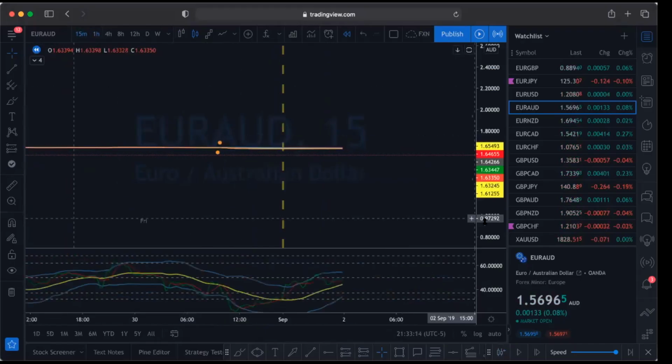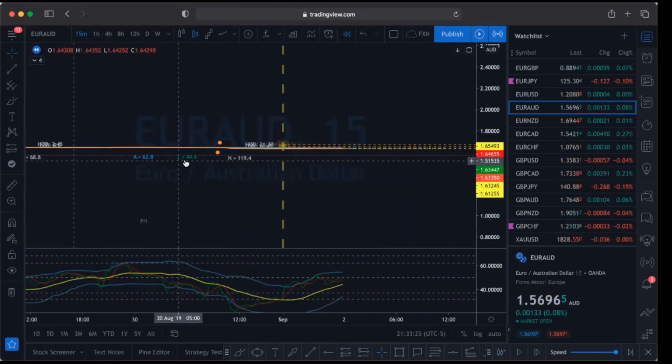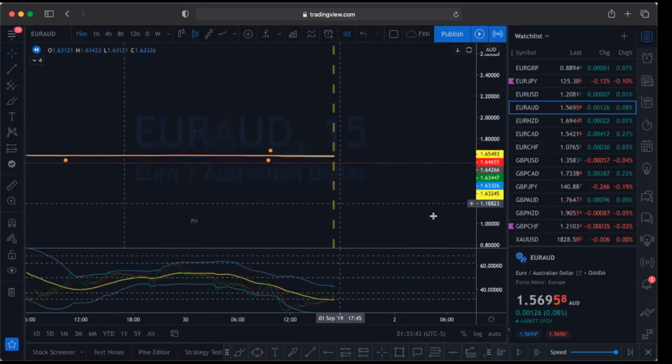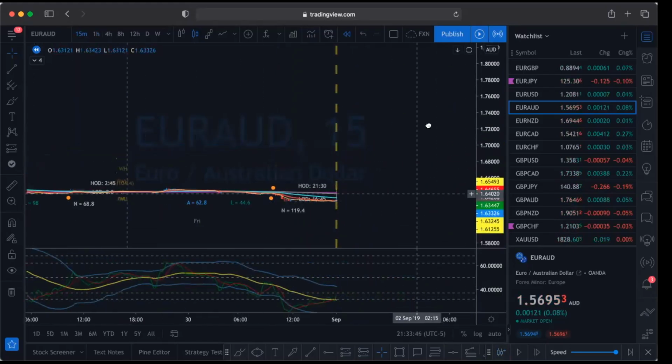Mark, is there a way to know what the ADR is when you're back testing? No, the closest thing that you'd have is really just to add these averages up here, and it's not terribly off from what it is now.